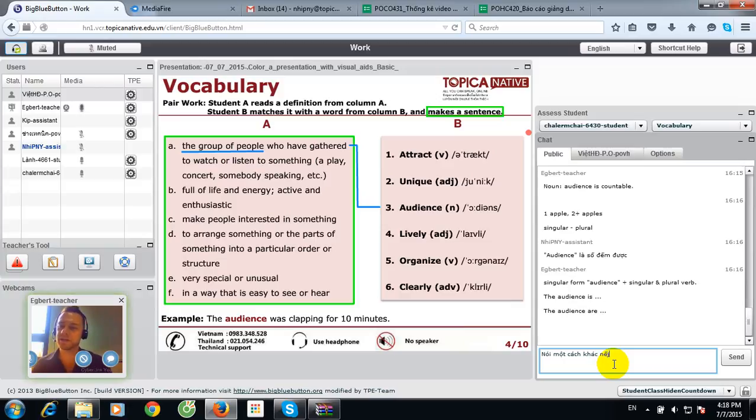So then I would like to say, Leng, for you, definition B. Full of life and energy, active and enthusiastic. Lively. Yes, lively. Very good. And Chalamchai, can you make a sentence using lively? I like travel by bike because it makes me lively.